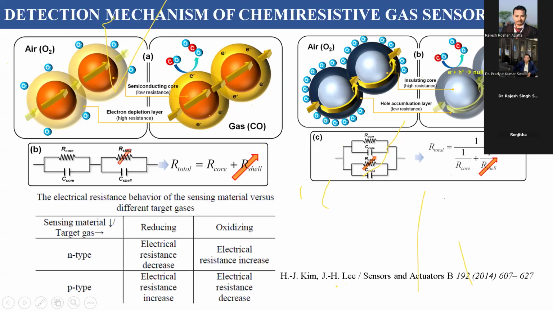That's why for the N-type material, the resistance increases. Similarly, for the P-type material, hole conduction is happening. When you take out the electrons, the hole conduction will increase, so the resistance decreases. That is the explanation. Okay, sir.